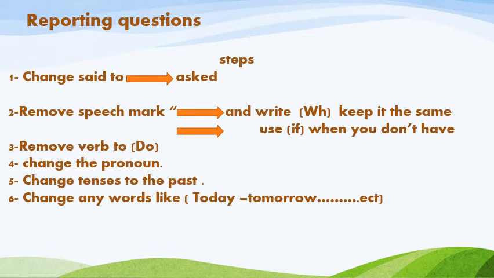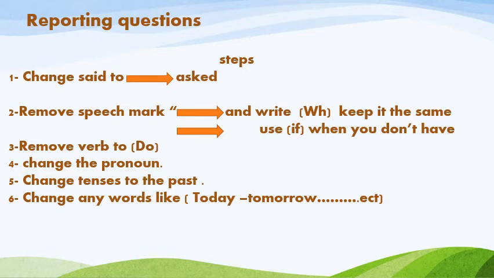I'm going to remove the speech marks and I may write the question word as it is if I have a question starting with what, when, who, and even how. But if my question starts with an auxiliary verb, like do or can, I have to remove the speech marks and put the word "if" or "whether," and you're going to see examples.